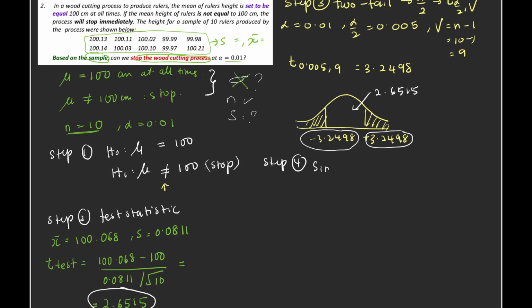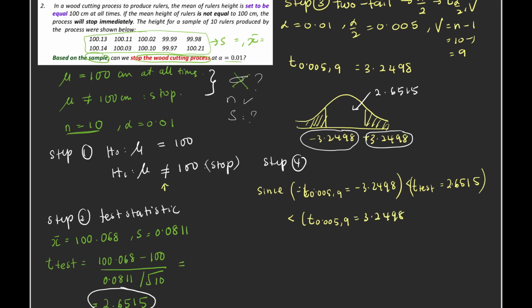So, since negative T 0.005 equals negative 3.2498 is less than T test 2.6515 and less than T 0.005, 3.2498, hence accept H null.